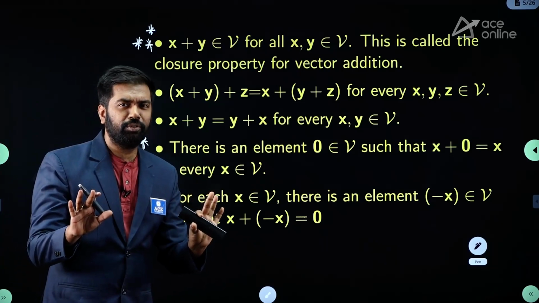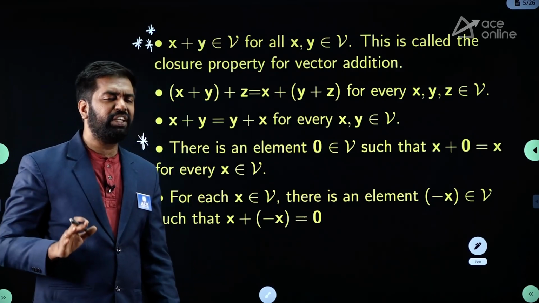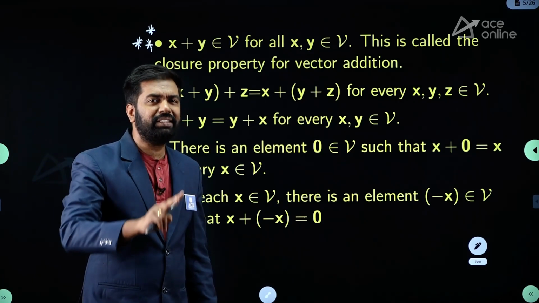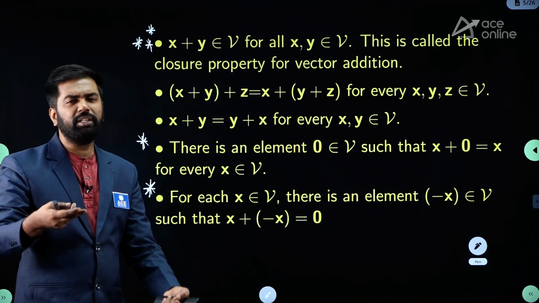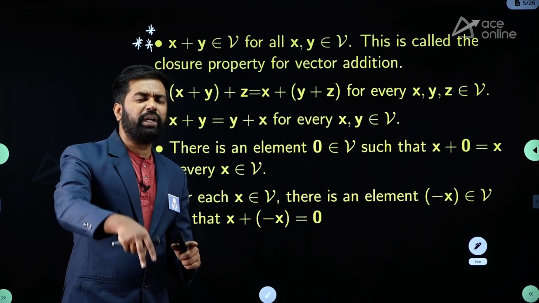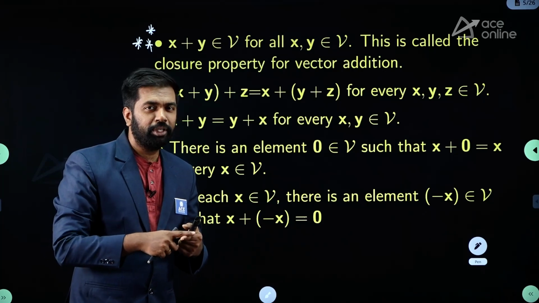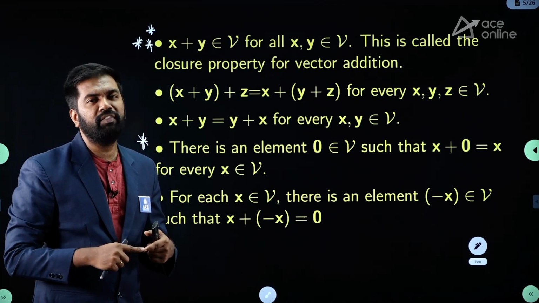Now, students, what you have to keep in mind while solving the problems. The first thing is, if you take two elements in the given set and add them, you get a new element. Instead of calling them vectors, I am saying elements, that is also okay. You take two vectors from the given set, add them, you get a new vector. That new vector should also be part of the given set.